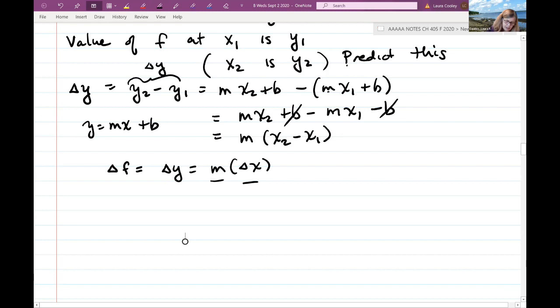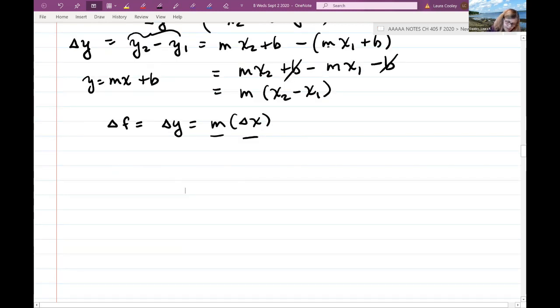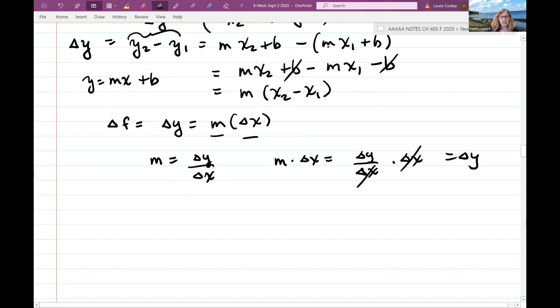This makes total sense because for a line, the slope we know is the change in y over the change in x. We know this from high school, okay? So if you take the slope times the change in x, that's just delta y over delta x times delta x, which guess what? It equals delta y. So there's nothing new here, really.